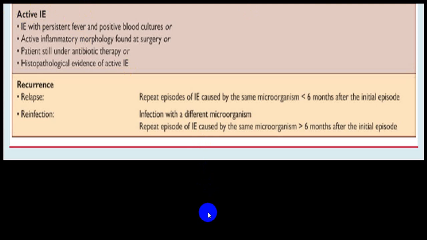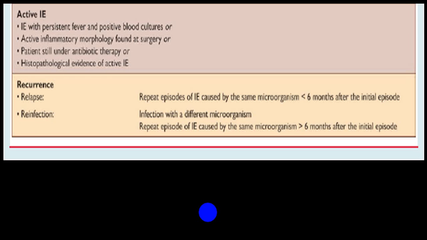And as far as the recurrence is concerned, there were two terms which were commonly utilized. One was relapse and second was reinfection. Relapse means repeat episode of infective endocarditis caused by the same microorganism within less than 6 months after the initial episode.